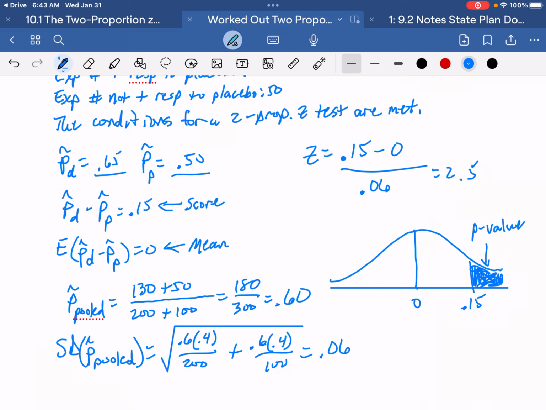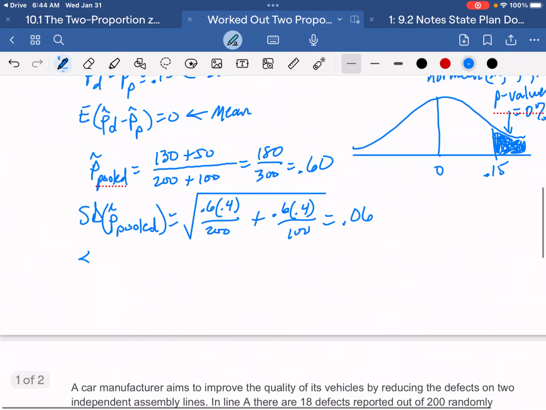How would we find that p-value? normalcdf. What would that be? 0.15, infinity, 0, and 0.06, the mean and the standard deviation. I can tell you if you do this, it should basically be 0%, maybe a little bit larger than that. So what's your conclusion?